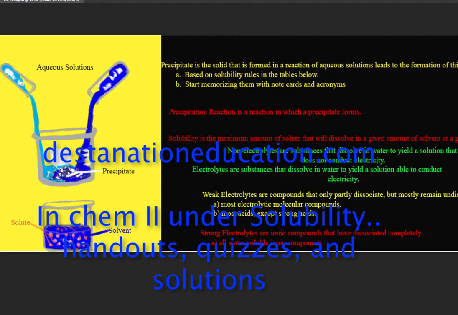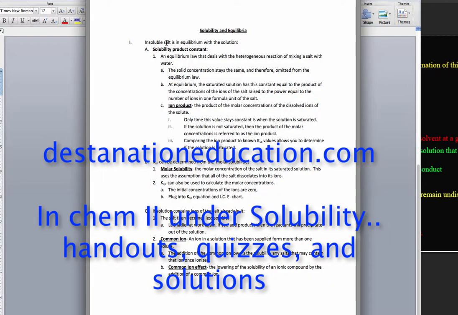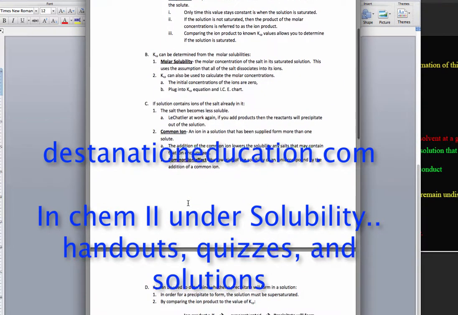In part 2 of the solubility discussion, we will be going into much more detail. We'll be looking at the details of solubility in soluble salts, looking at Ksp and the ion product. What happens when we put precipitates in solutions? Will they ionize or not? And we will be looking in further detail at the common ion effect.